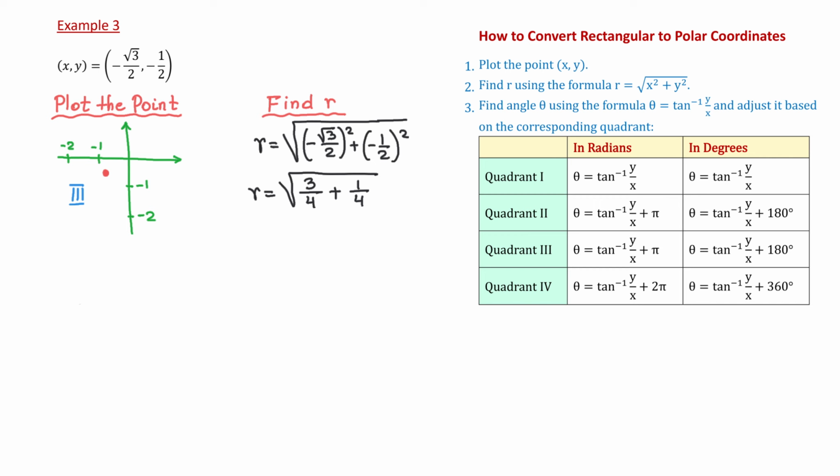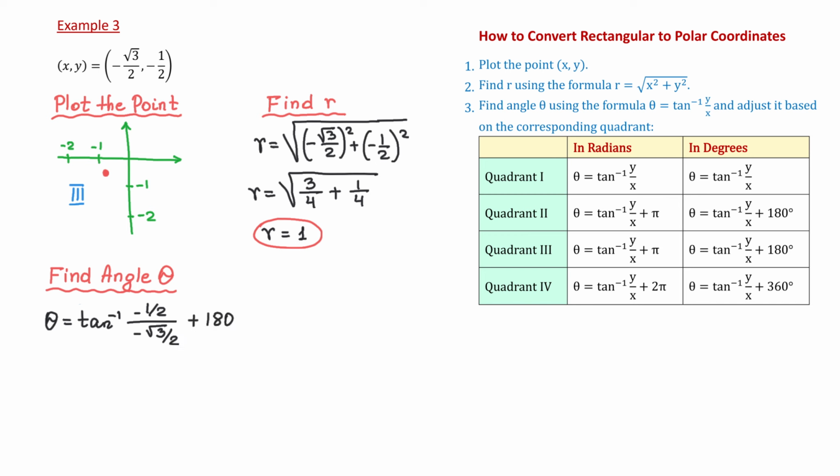Then 3 over 4 plus 1 over 4 is 4 over 4, which makes 1, and square root of 1 equals 1. And now let's find angle theta. In quadrant 3, the formula is again inverse tangent of y over x plus 180 degrees. So we will write that theta equals inverse tangent of negative 1/2 over negative square root of 3 over 2, and all this plus 180 degrees.